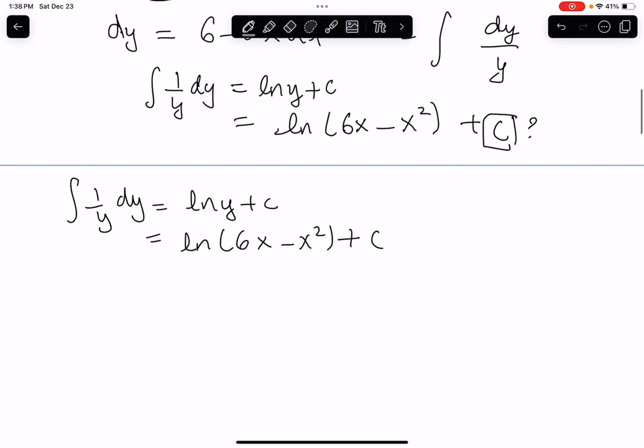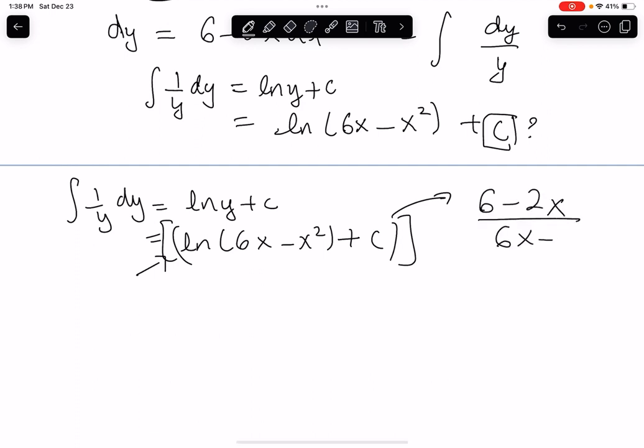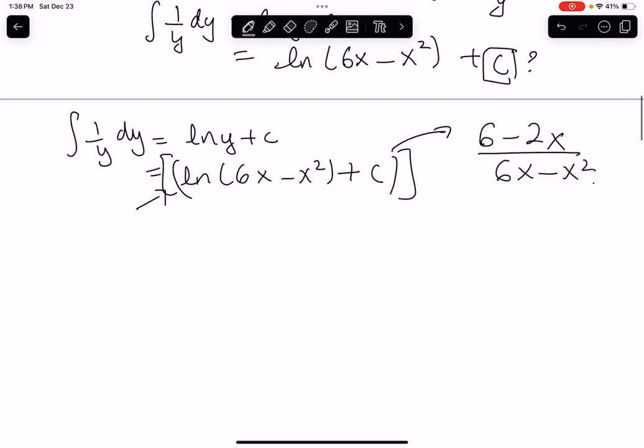And a good exercise, if you want to verify that you got the correct answer, is to take the derivative of this function. If you do, you must once again get 6 minus 2x over 6x minus x squared. So we can do that.